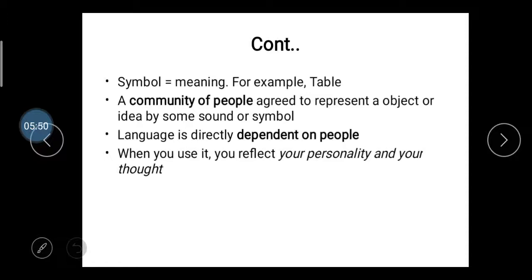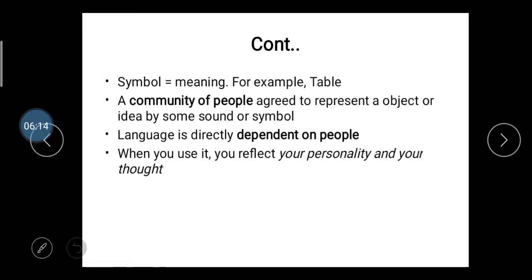Take the example, when you communicate with people from the UK and US, their communication language is different from our country. So according to culture and geographical differences, different people have different types of languages.